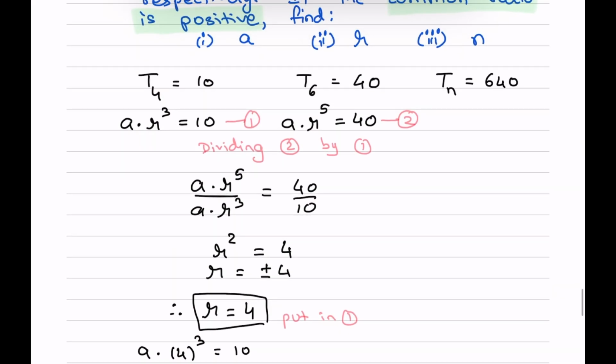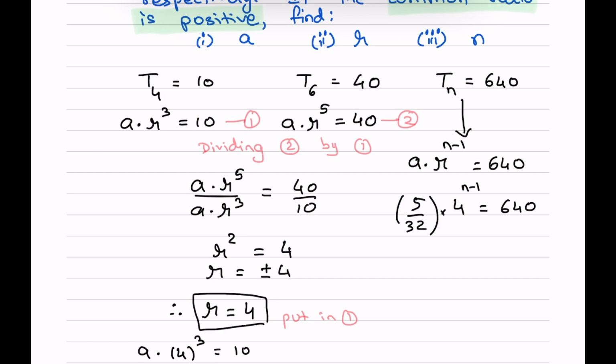So Tn, that is a times r raised to n minus 1, is given as 640. We can write the first term as 5 upon 32 times 4 raised to n minus 1 equals 640.